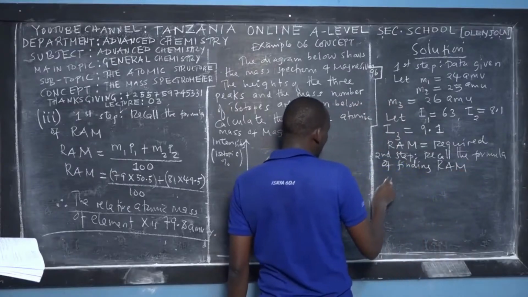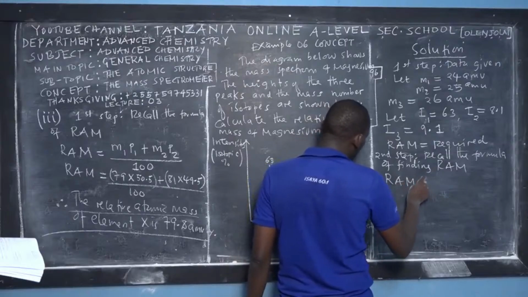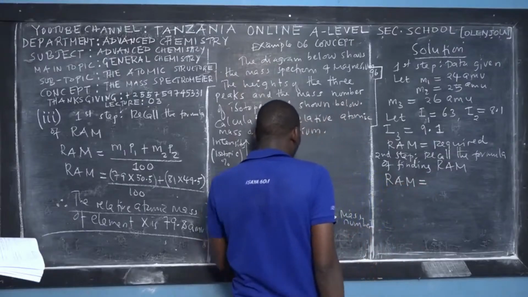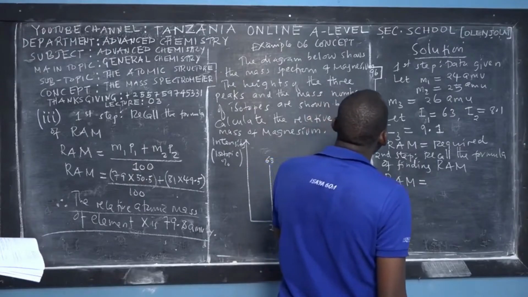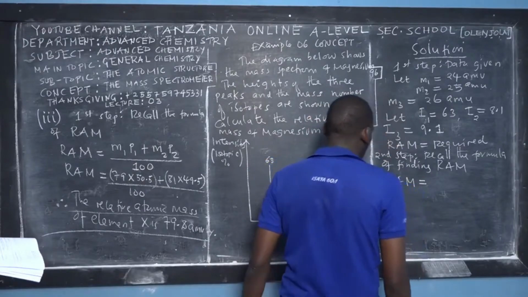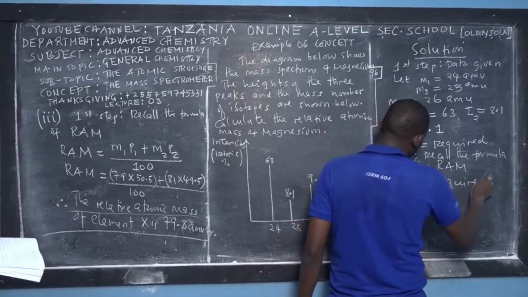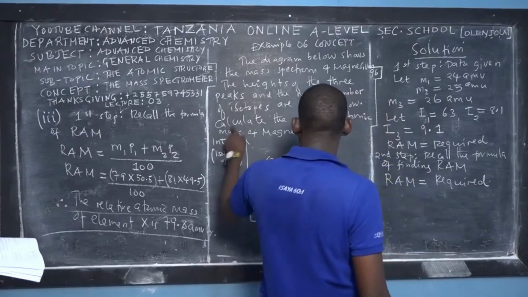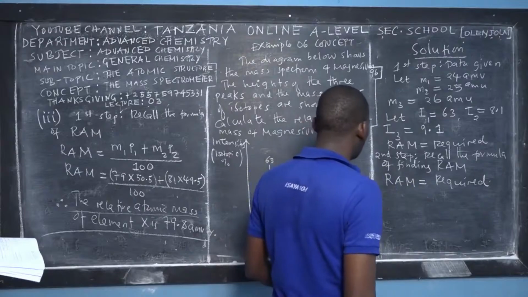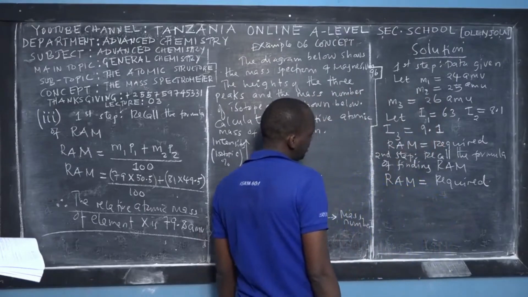In short, relative atomic mass is equal to what is required, because we are to calculate the relative atomic mass of magnesium.